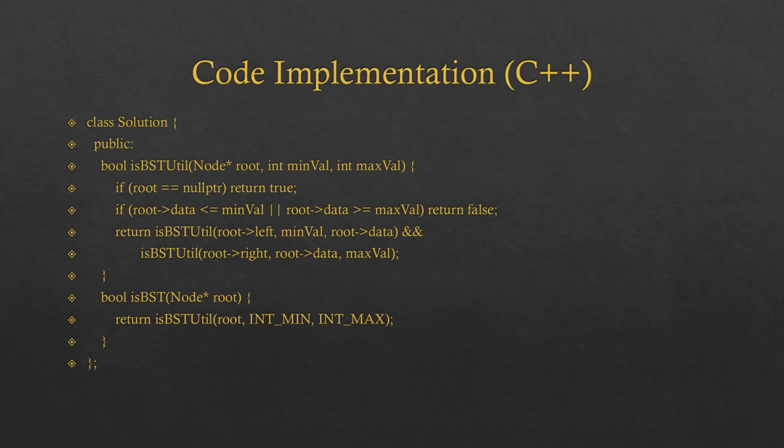If not, we return false. The function then recursively calls itself for the left and right subtrees, updating the constraints accordingly. Finally, we call this helper function from our main isBST function, setting the initial constraints to negative and positive infinity.